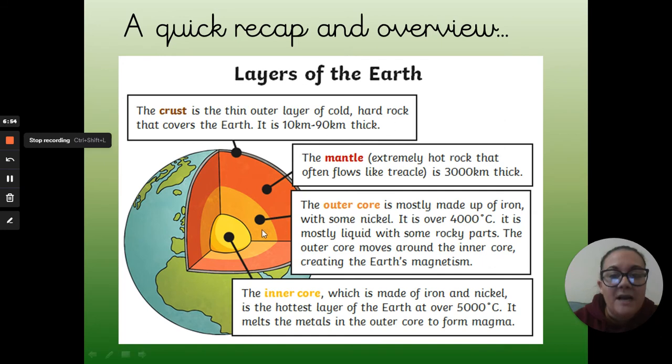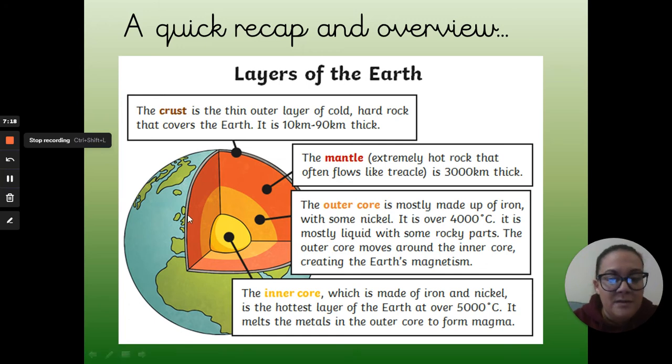Once we move down into the outer core, it's mostly made of iron with some nickel. So again, that's those two metal words. It's over 4,000 degrees centigrade. It's mostly liquid, but it does have rocky parts. The outer core moves around the inner core, so it's flowing, and it creates the Earth's magnetism, which is why things are the way they are on the surface.